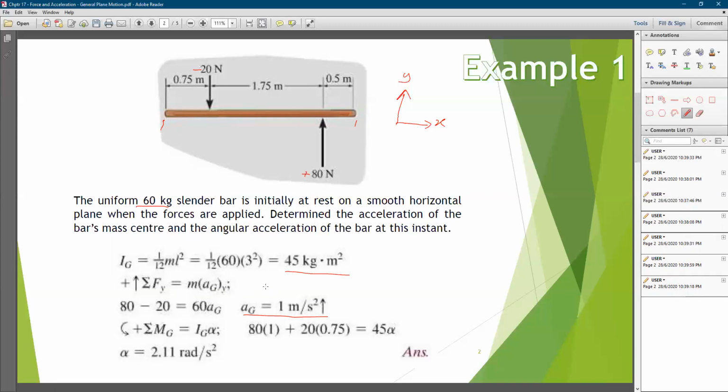Okay, now move to another part, where we want to calculate the angular acceleration of the bar at this particular instant. Counterclockwise is our positive direction; we assume it like that.